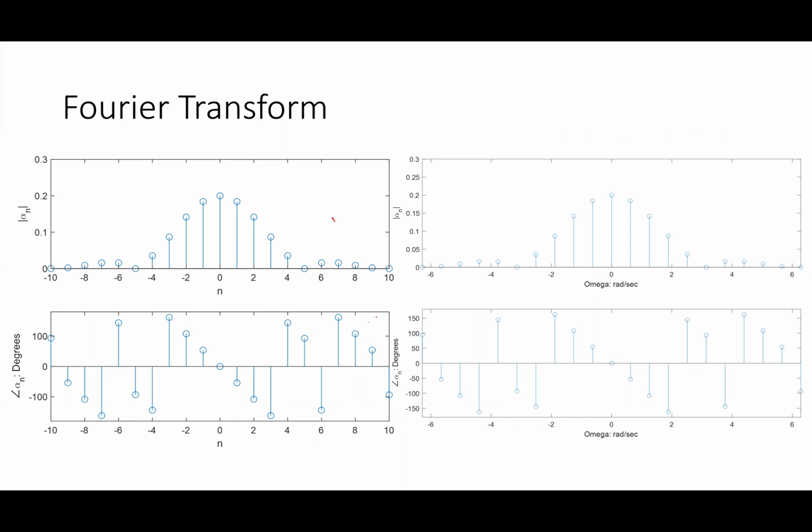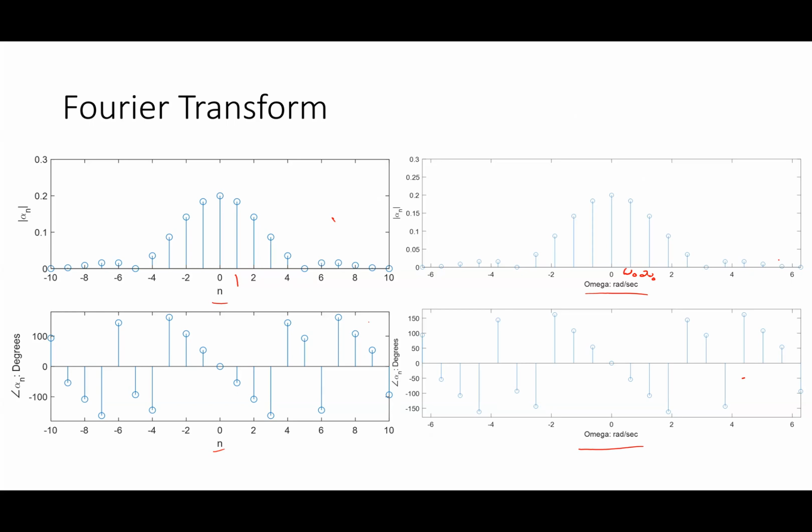One is the magnitude, one is the angle. This one here is plotted versus omega. This one here I plotted versus n. So you could see what the relationship is. N equal to 0 relates to omega equal to 0. N equal to 1 relates to omega naught. N equal to 2 relates to 2 omega naught. And so on and so forth.